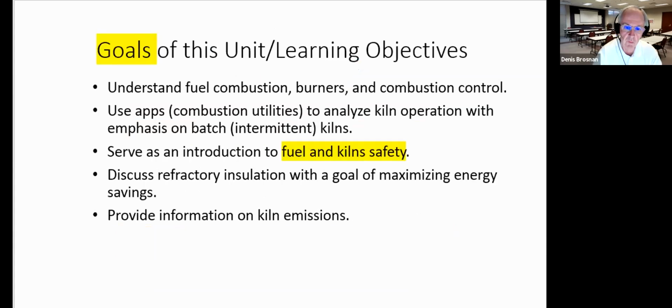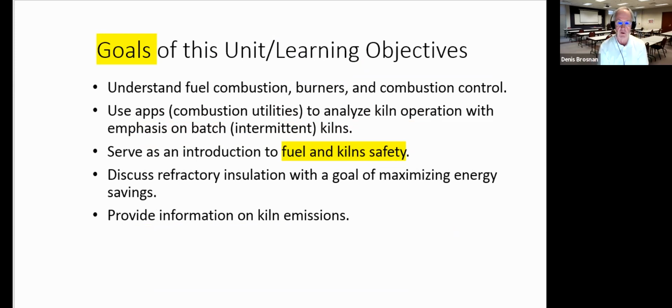I thought I'd start with the learning objectives. This is what my goal is for you. And my goal is for you to understand, to the maximum extent you can in a course of this nature, fuel combustion, burners, and combustion control. It's very important. We want to use the apps, the combustion utilities, to analyze kiln operation with an emphasis on batch or intermittent kilns.